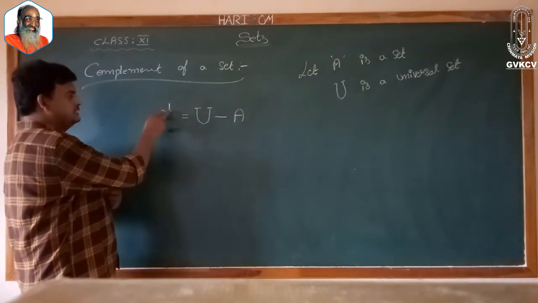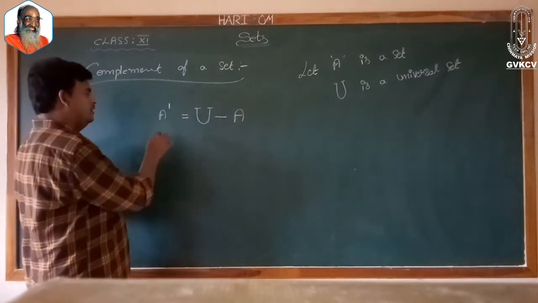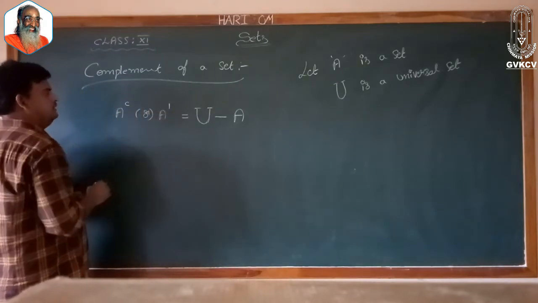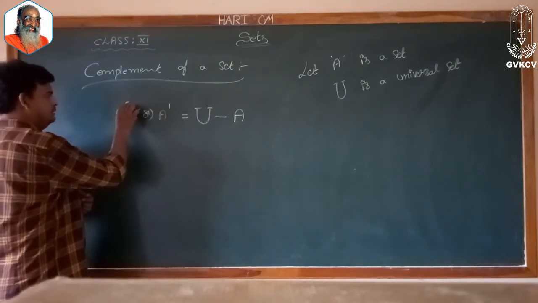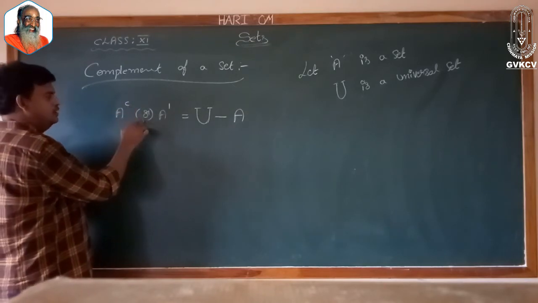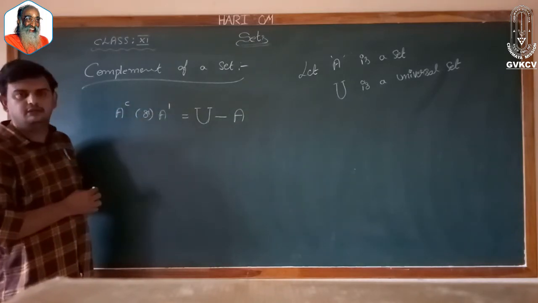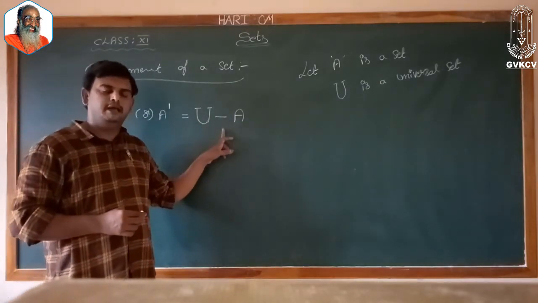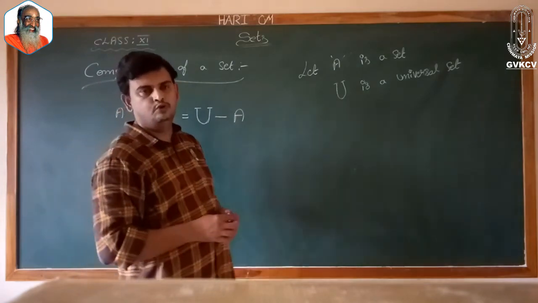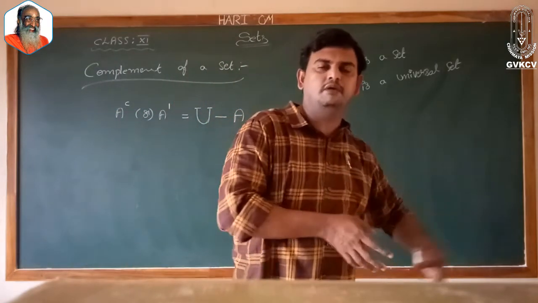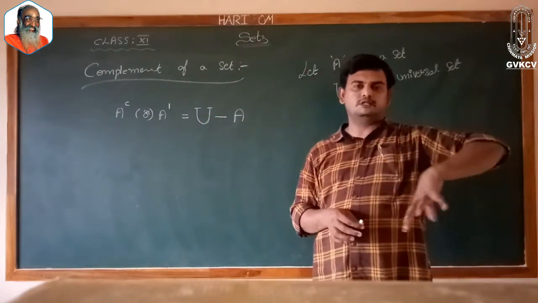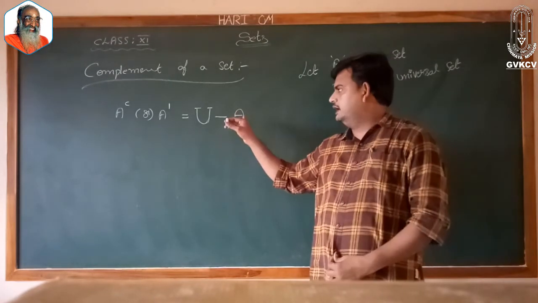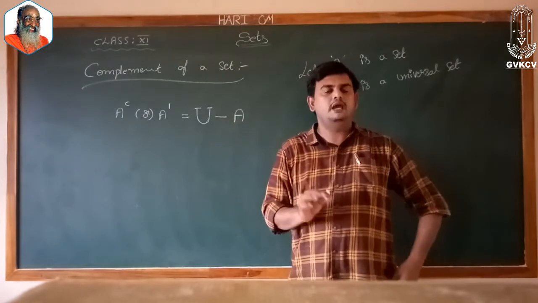We can write it as A dash, or we can write it as A power C. So A power C means A complement, or A dash, is universal set minus set A. From the entire universal set, we are eliminating set A elements.